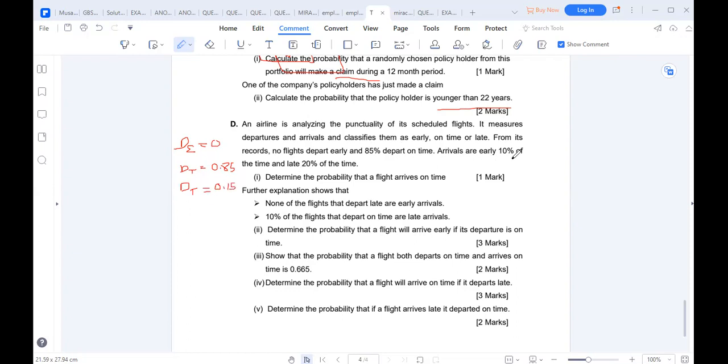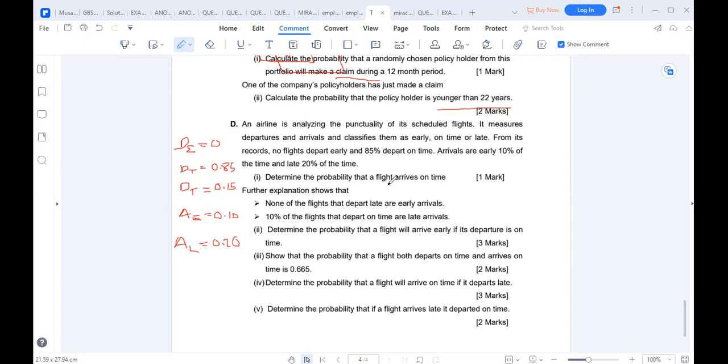Then arrivals are early 10%. So arrival early 10%. Then arrival late 20%, 0.20. So now determine the probability that a flight will arrive on time.